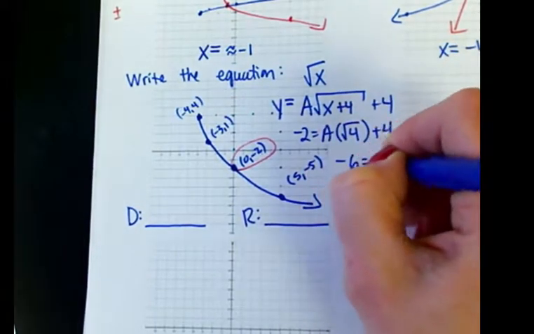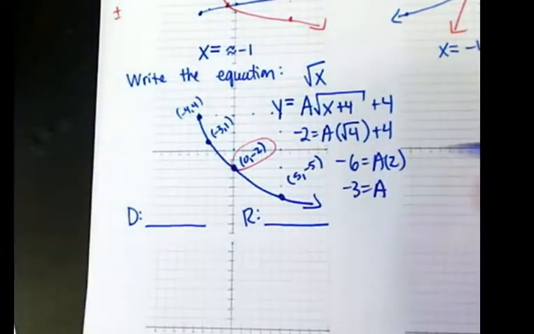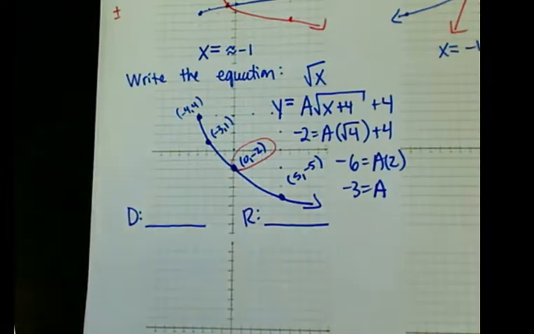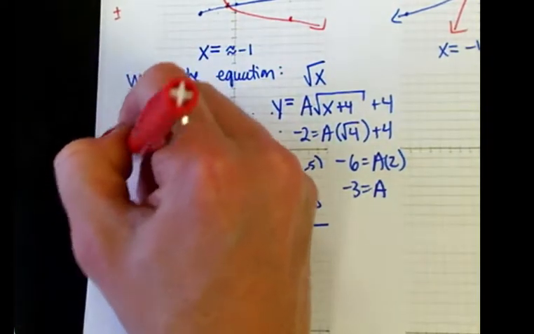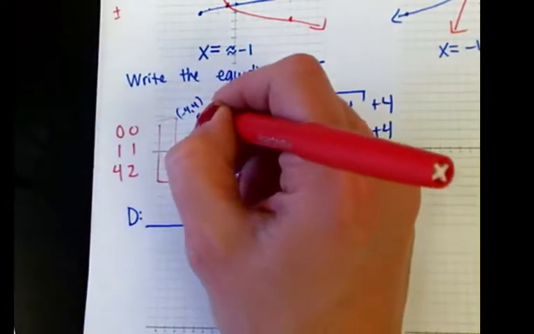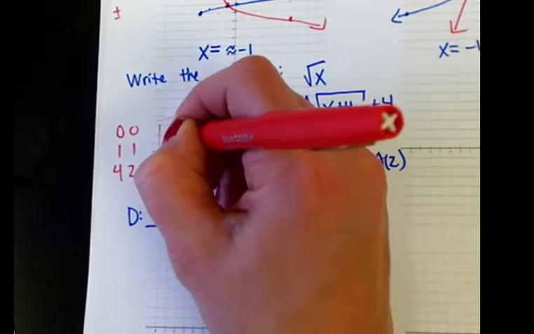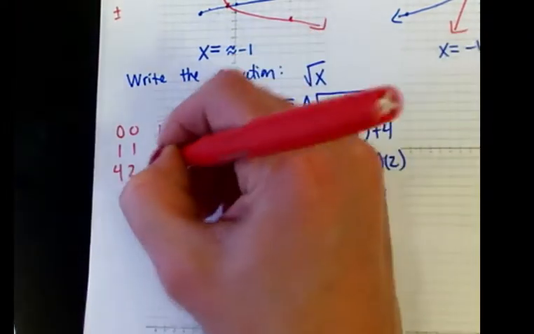Subtract 4. Square root -3 equals A. You can solve for A. You can also look at the graph and compare the count values. And they're supposed to be what? Well, it was over 1 and it was really -3. And it was over 4, -6.